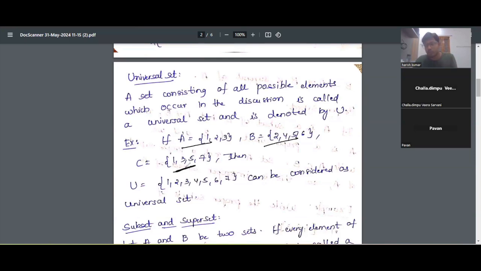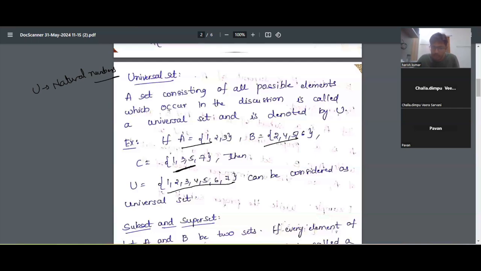Then what can be the universal set in this case? Well, in this case, I can consider the set of natural numbers as the universal set as well. Okay. So that can also be the universal set. But why do I want to take all the numbers, right? So instead of taking all the natural numbers, I'll consider {1, 2, 3, 4, 5, 6, 7} as my universal set. Now, in the given context, the universal set contains all the possible elements. Yes or no?